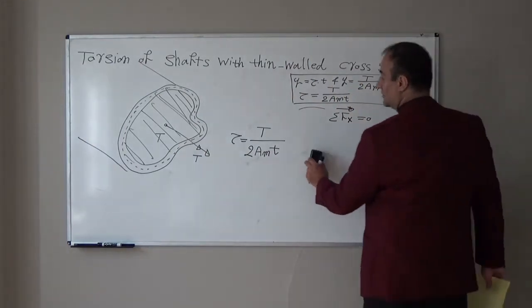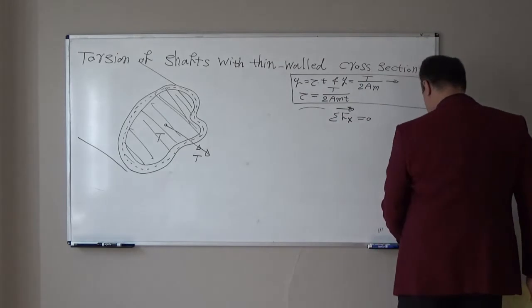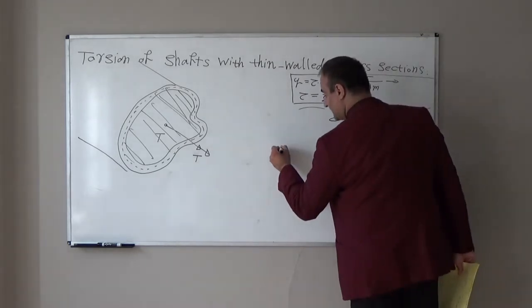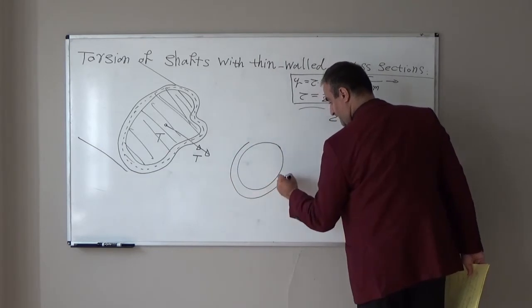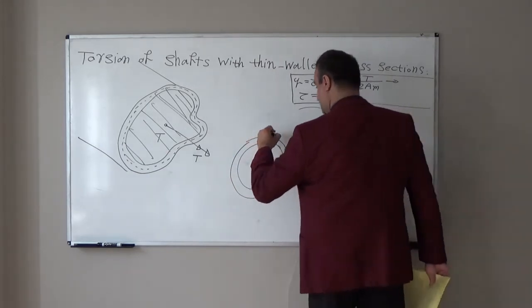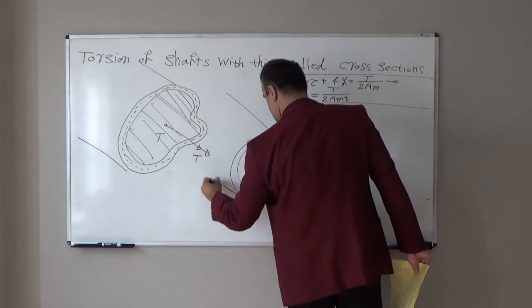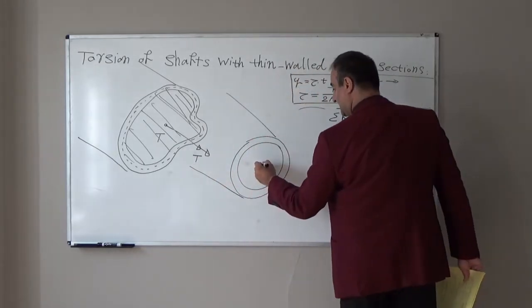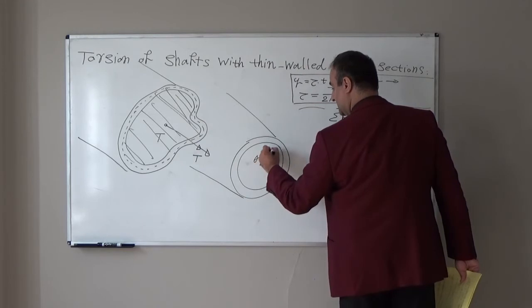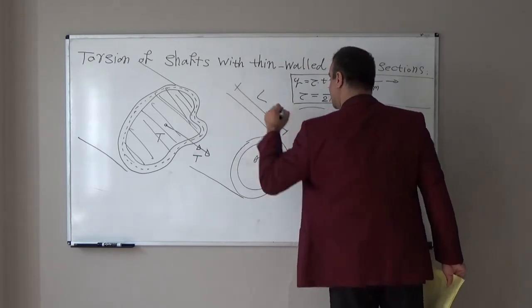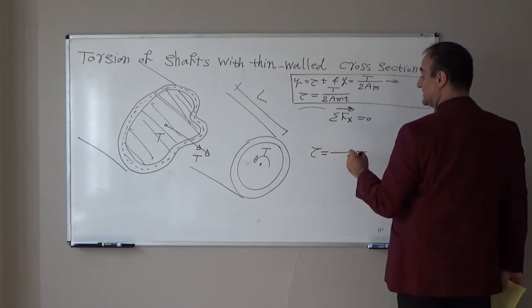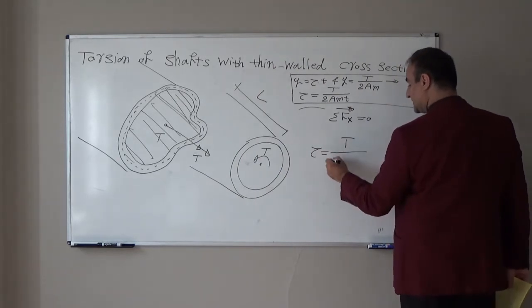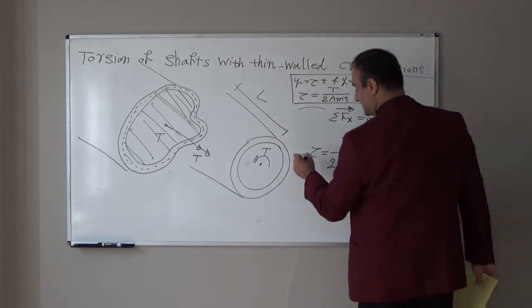So for a cylindrical shaft, if we apply torque T, the length is L, the shear stress tau will be T divided by 2 AM times thickness.